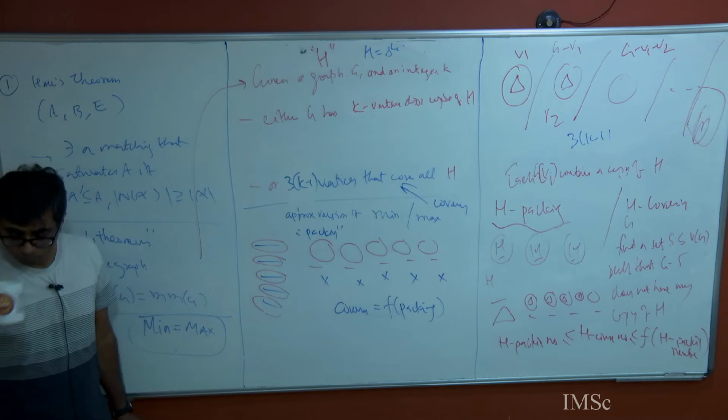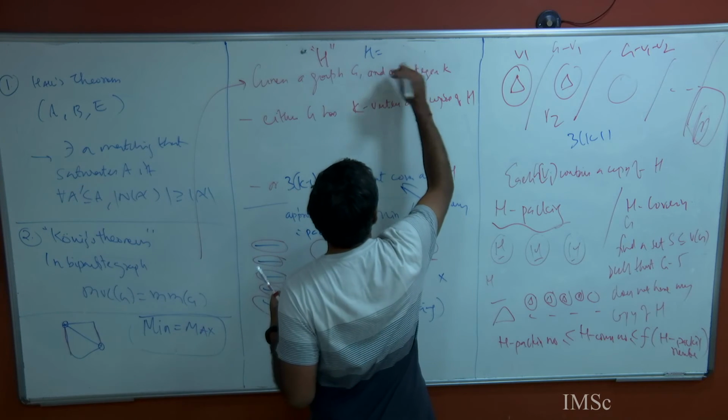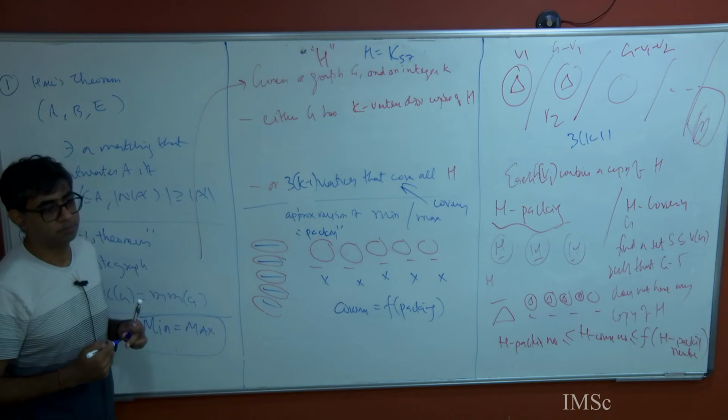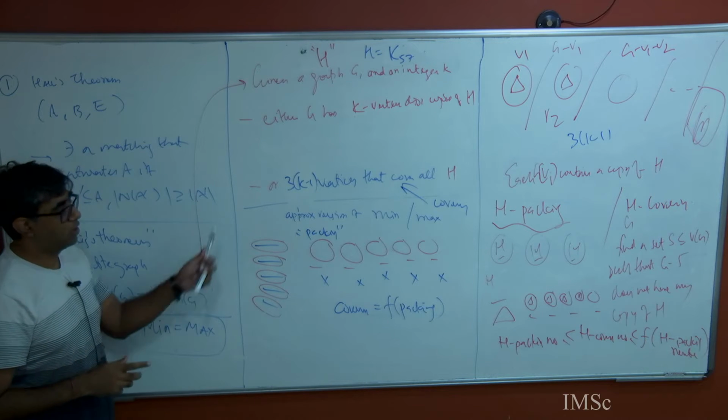Okay, my H is a clique on 57 vertices. Give me something. It's a clique on 57 vertices. I'm not asking for an algorithm.